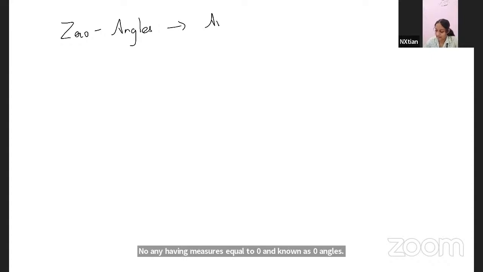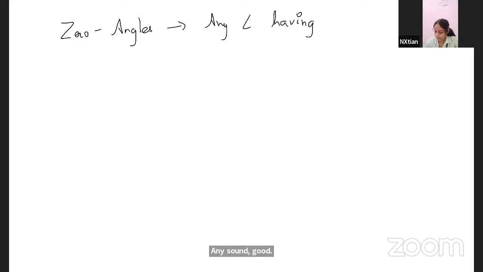Now, any angle having a measure equal to zero is known as a zero angle. Okay, how do we make them?